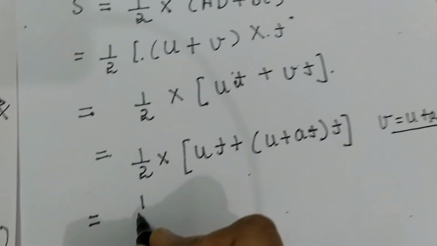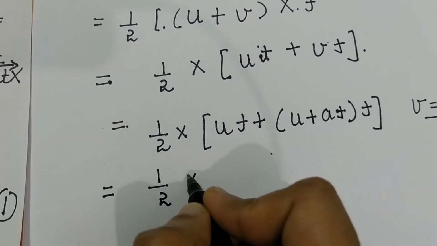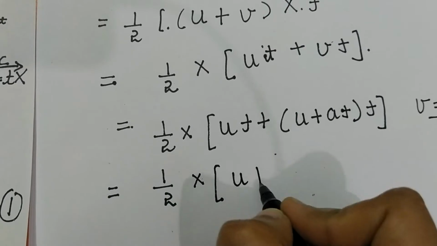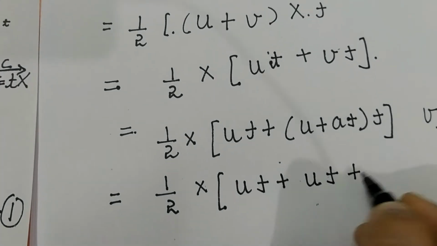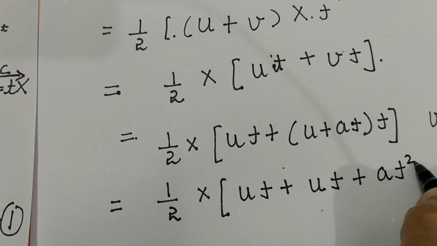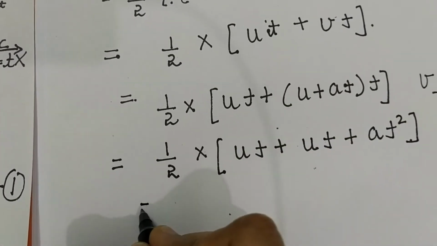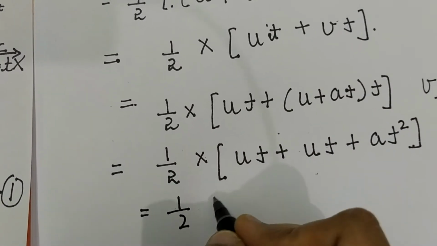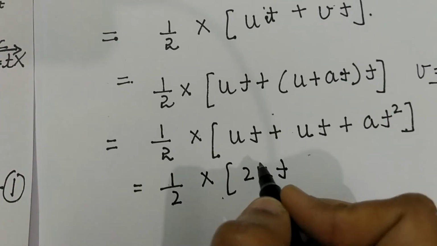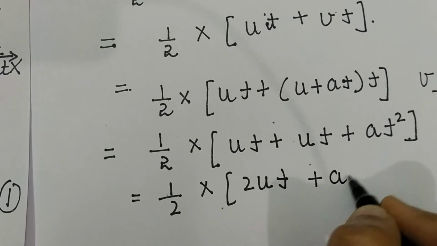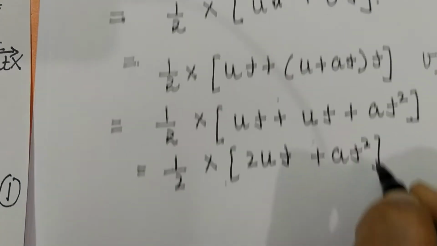Here we will solve this equation: 1 by 2 into (2ut plus at square).